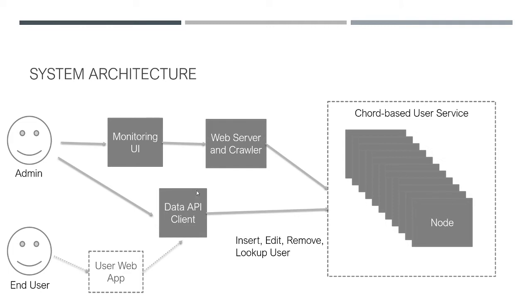And in the case of our application here, we're actually using Stack Overflow data from the computer science community. Actually all Stack Overflow data is open data and available to researchers. So that's what we basically seed our overlay network with, and that turns our Chord into basically a user service.